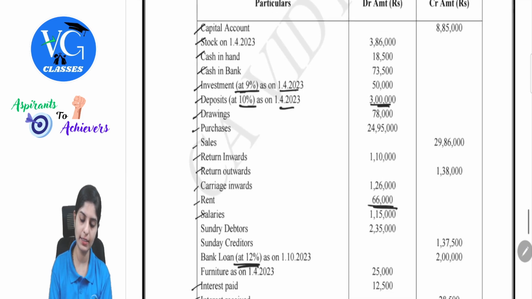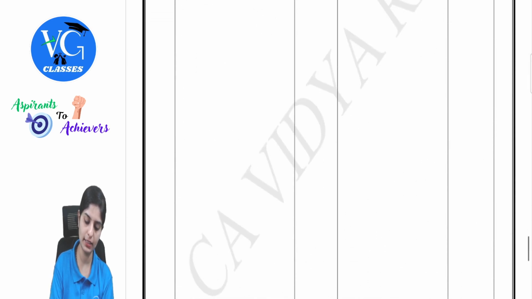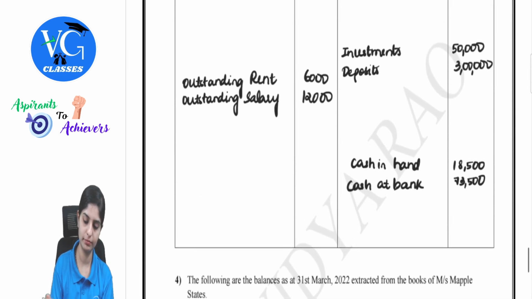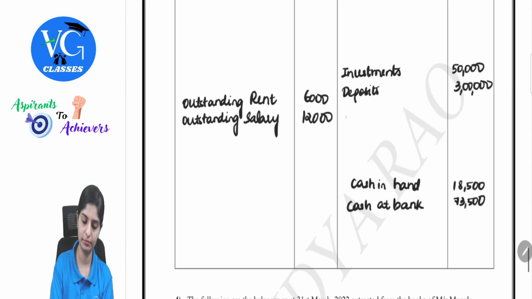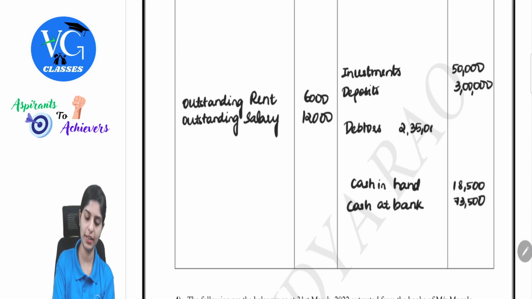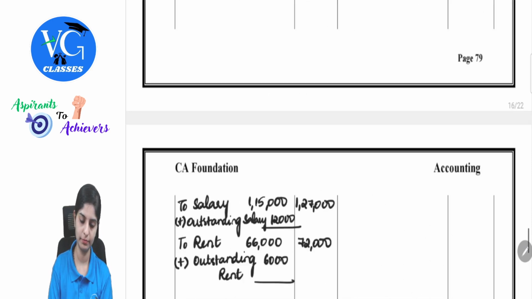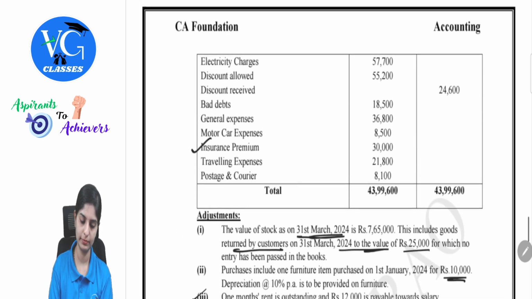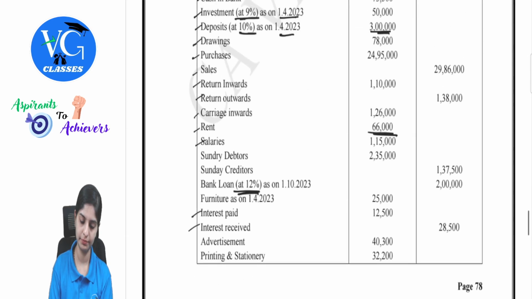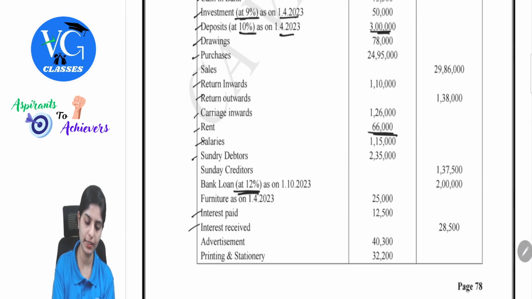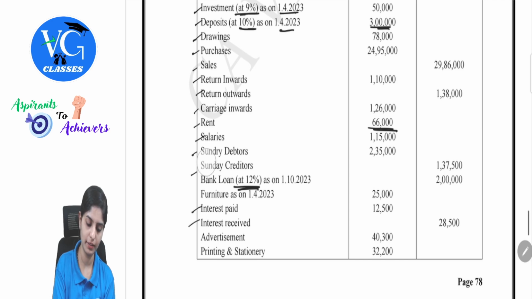Sundry debtors balance is given, 2,35,000. So this is my current asset, 2 lakh 35,000. Sundry creditors, 1,37,500.